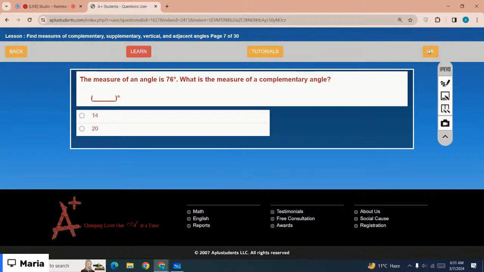The measure of an angle is 76 degrees. What is the measure of complementary angle? So, which is the correct option?